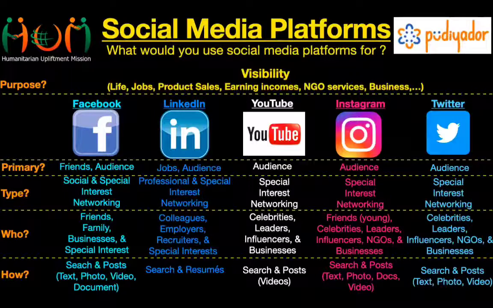Supposing Shilpa is into some environmental water usage awareness or some activism, something that she is fond of. There are other people who are into water conservation, environment issues, all of that. You can network with all of them. That is again special interest networking. Businesses can also do that. So that all comes under special interest networking.